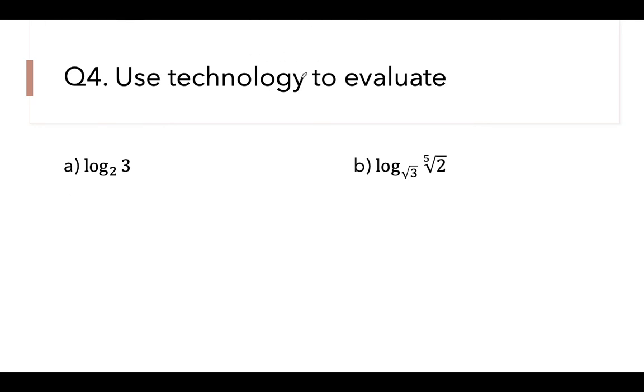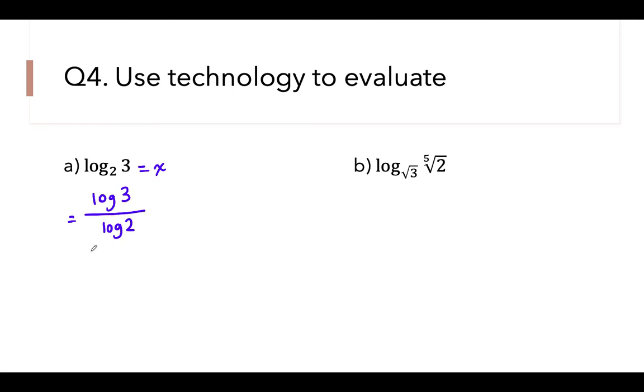Okay, so now this time it says use technology to evaluate. The reason they're saying that is because, for example, if I were to evaluate this, we could separate it using the same base, log 3 over log 2. But unfortunately, you cannot use any simplification using log law.